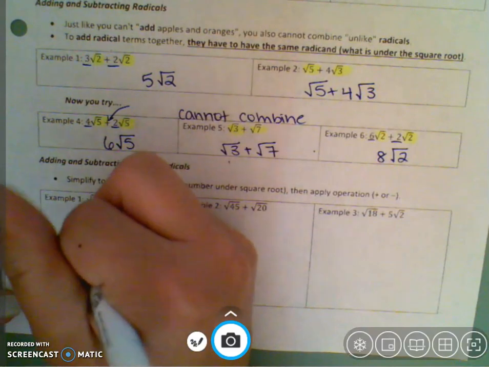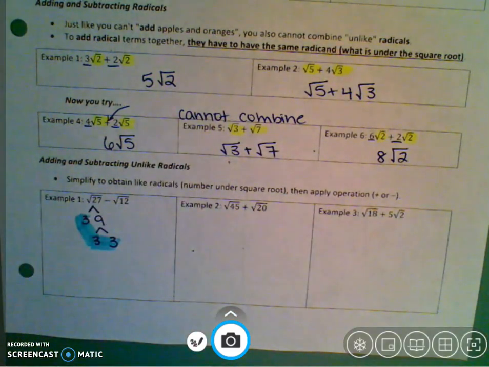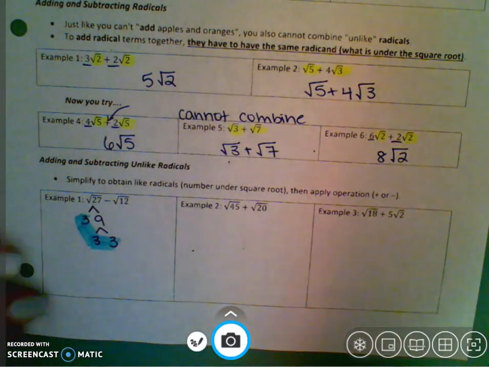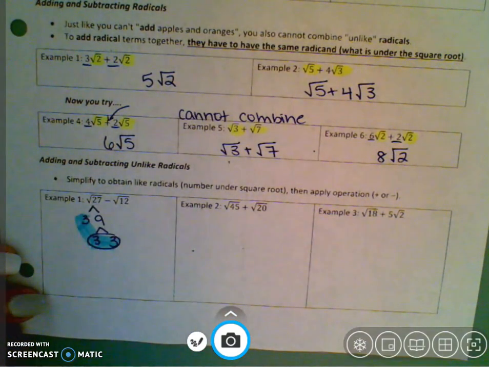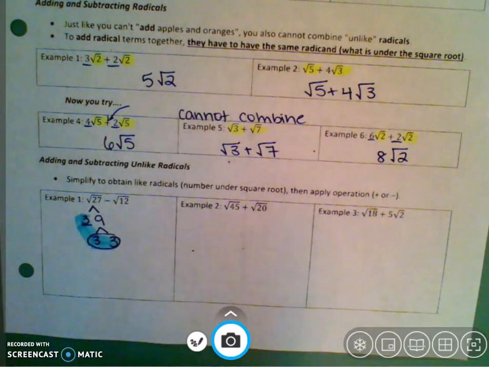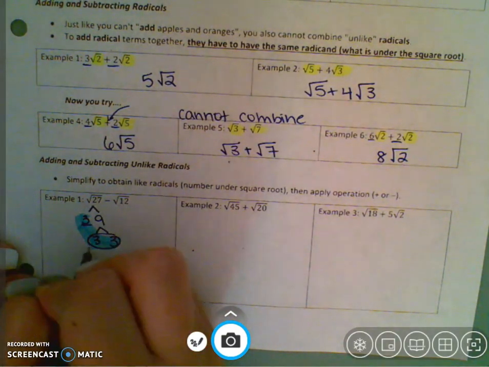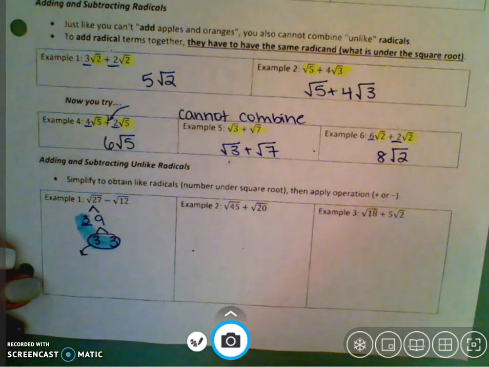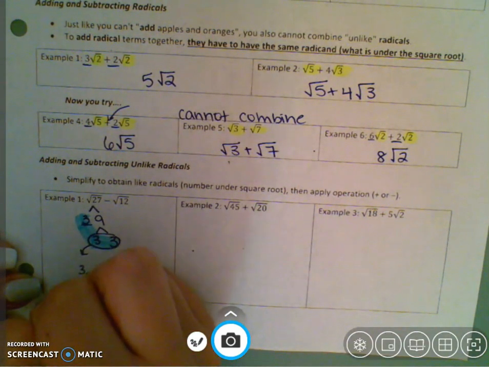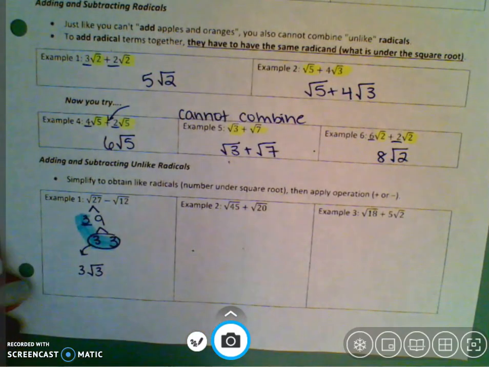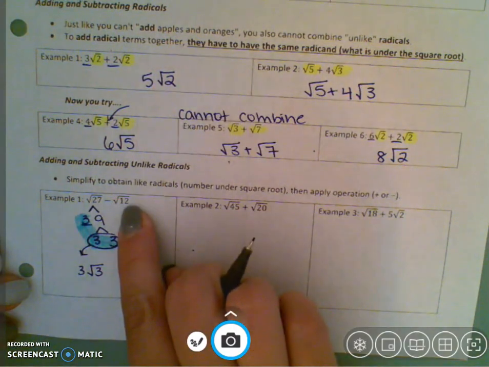Looking at all of this, can we make a pair? Yes, I can make a pair of 3s, and then I have a single 3. Remember, pairs come out, singles stay in. So the square root of 27 is actually 3 square root of 3. But we're not done, because we still have the square root of 12.